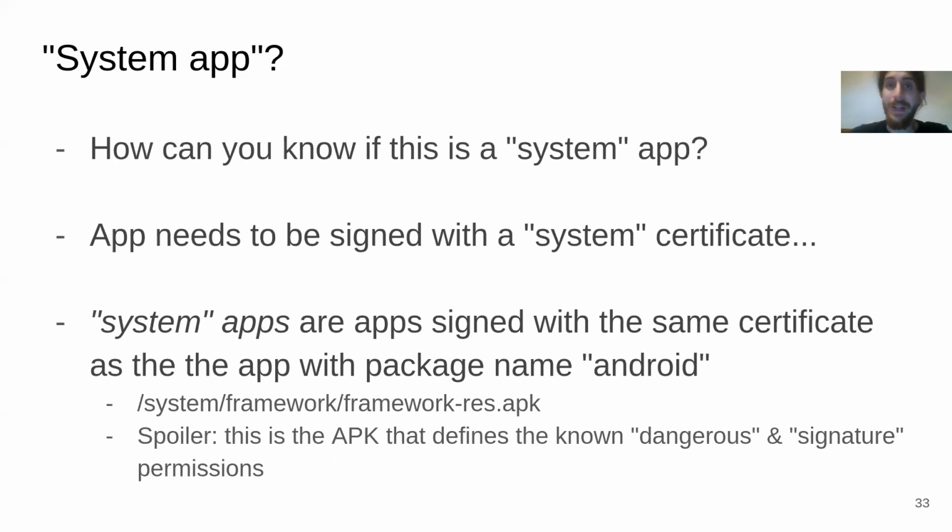Okay, so that's it. And usually your app cannot become a system app because you don't have the private key, so you cannot produce a valid signature for your app. Only the Android people, or whoever compiles this, can do this, but not you. And that's where the security comes in.